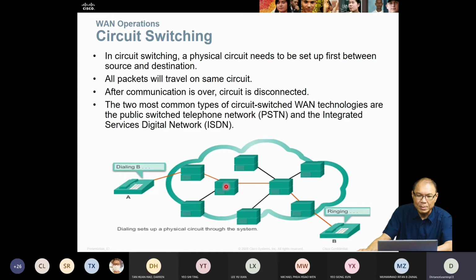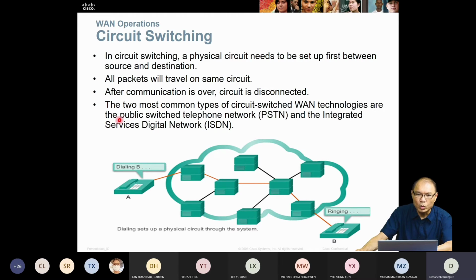I must predefine a pathway between phone A and phone B, so any communication that takes place will only take place on that particular circuit. All packets will travel on the same circuit. Then at the end of the communication, once it is over, the circuit is disconnected.